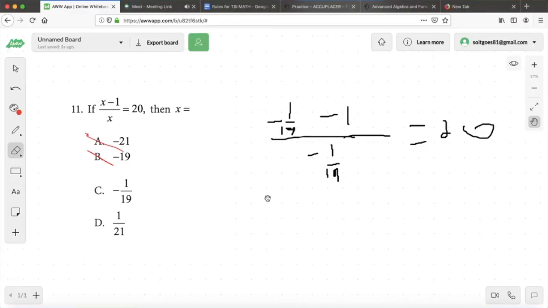Let's stop for a minute because I don't want to have to get all fancy with fractions here. I may show you later. But could that be 20? Let me ask you another question. Is that going to be positive or negative?